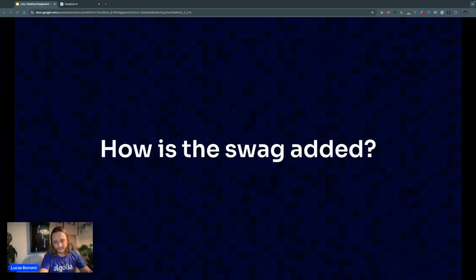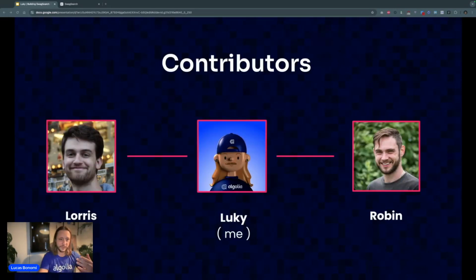It was really great. I was the main contributor, but actually we were three working on it. Loris and Robin worked on SwagSearch. Loris took care of implementing a lot of server-side rendered features and working on the crucial aspect of it, which was the map, which was greatly appreciated by attendees.